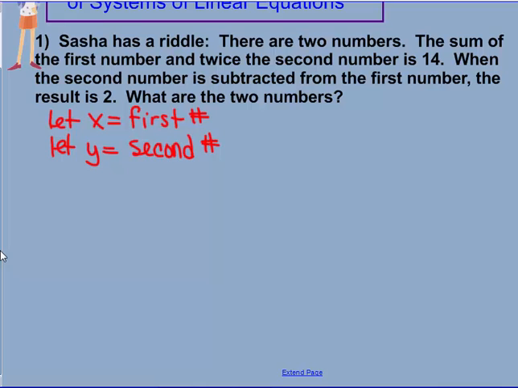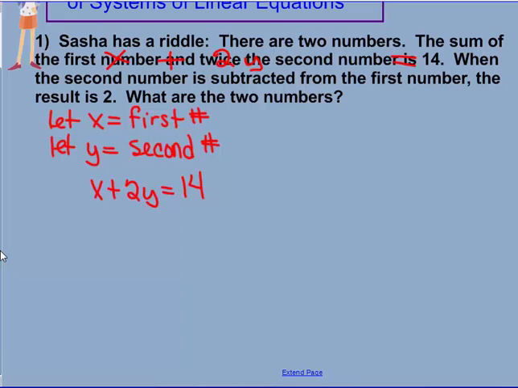The sum of the first number and twice the second number is 14. So x plus 2y is 14.